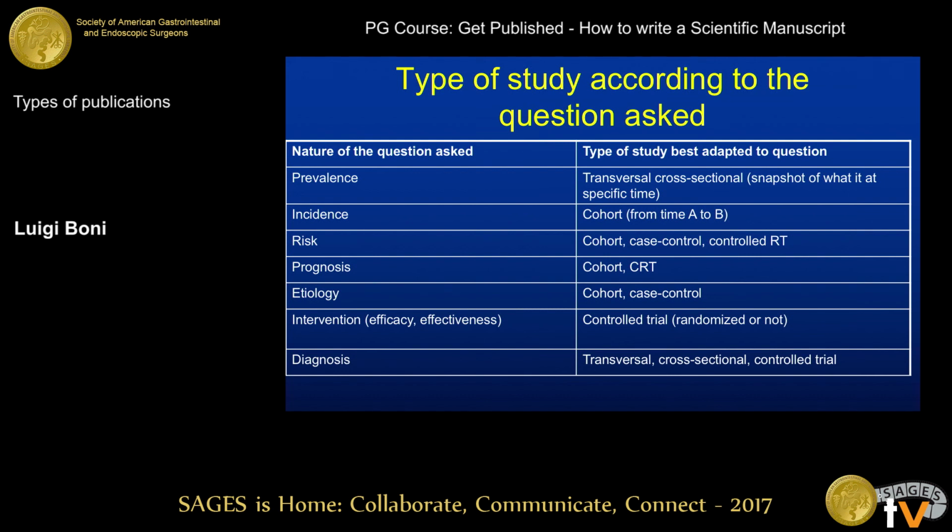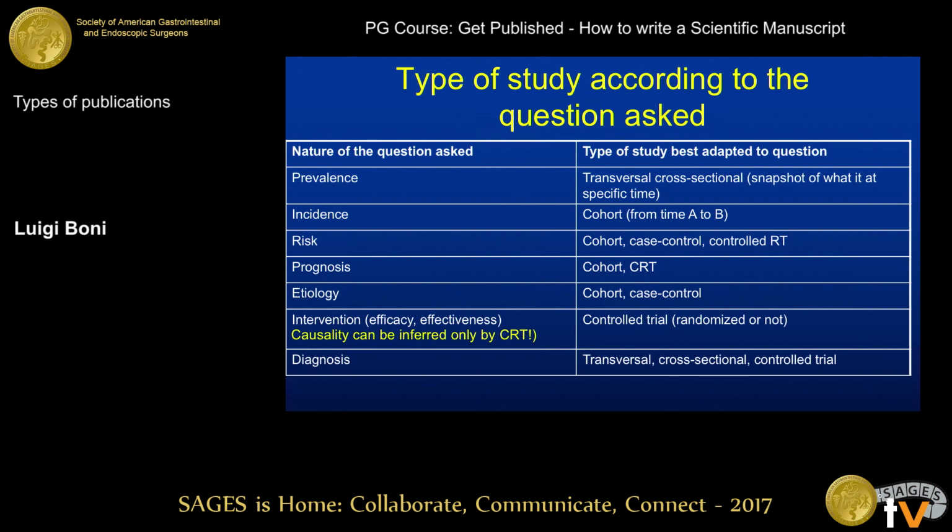If you're looking for the prevalence, you should make a cross-sectional study, meaning that you want to have a snapshot of what is going on in the literature or in this particular disease at a specific time. If you look for the incidence, you want information on what is going on in a group of patients from time A to time B, okay?